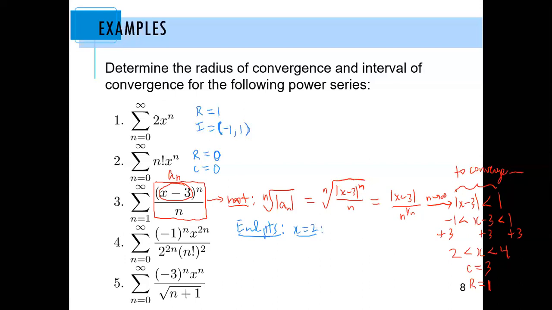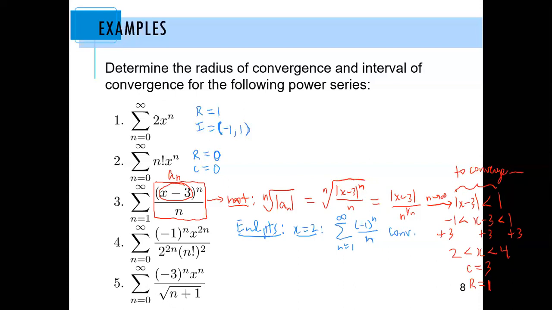Series n going from 1 to infinity. I plug in 2. 2 minus 3 is negative 1, to the n over n. Hey, that's the alternating harmonic series. Know what I mean? And what's the deal with that?